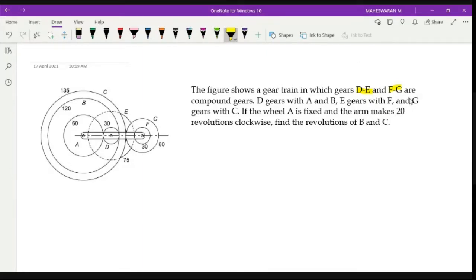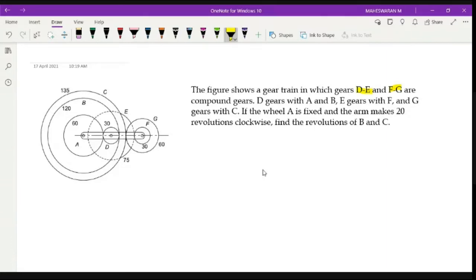Okay, then they have given some statements: gear D is meshing with gears A and B, gear E is meshing with gear F, and gear G is meshing with gear C. These are the statements they have given, and they have given one condition. So, what is the condition and what do you have to identify?